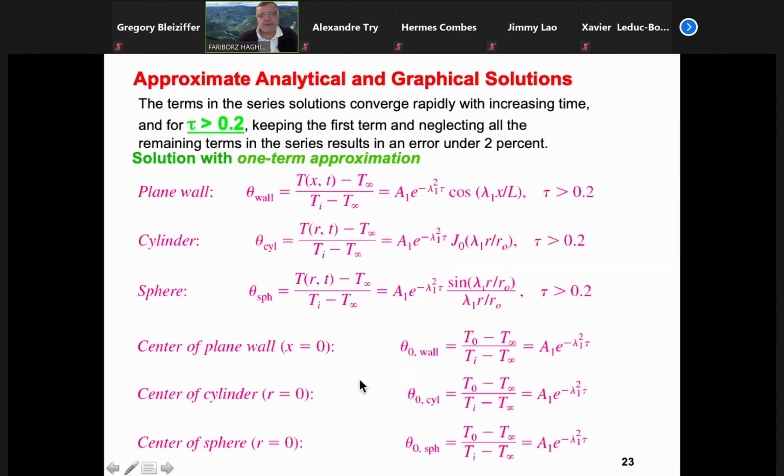I mentioned we have an equation that gives us the temperature at any point for the plane wall. There's an expression that we can find here, and this was the temperature at the center. So we can use that equation that we have.